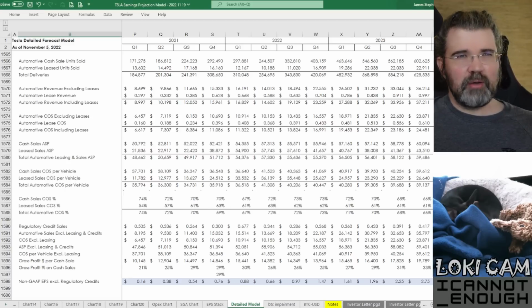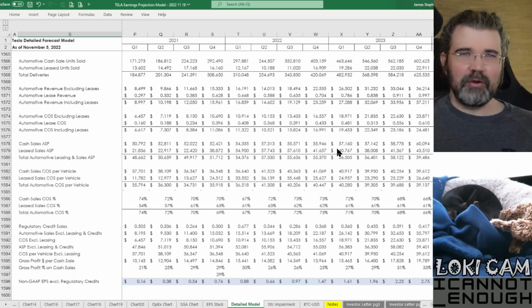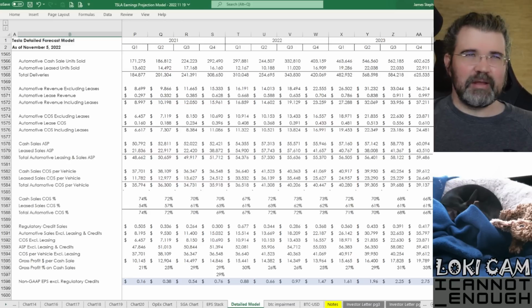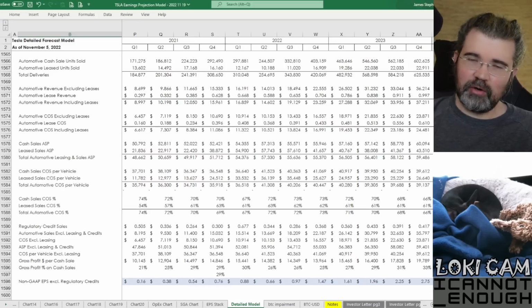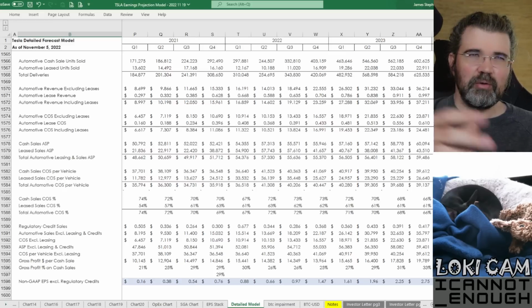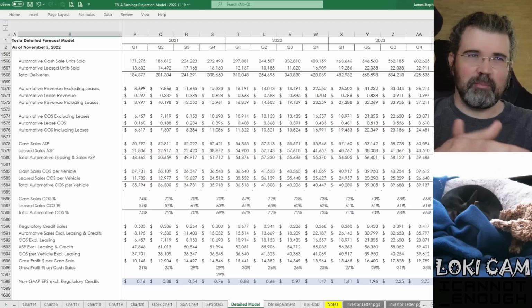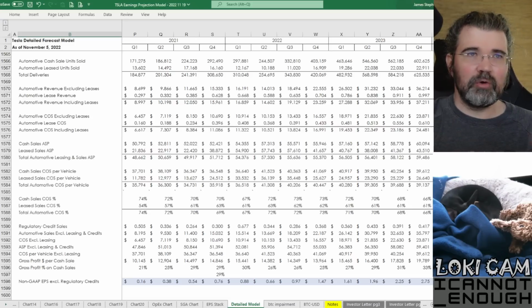So the percentages down here make more sense as individual metrics for leased than the leased sales ASP does. You'll see this number hopping around like crazy over time because it's not really a valid accounting metric to say, hey, my leased revenue was this dollar amount, so I'm going to divide that by that quarter's leased units sold, because the leased revenue includes revenue from the previous 12 quarters as well as the deliveries that happened during that quarter.